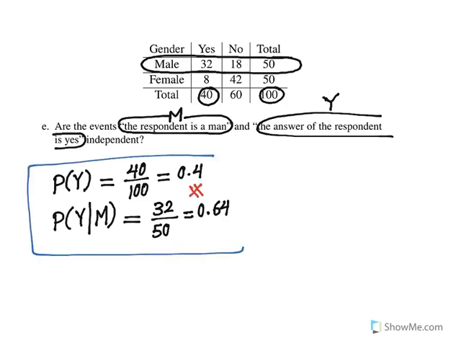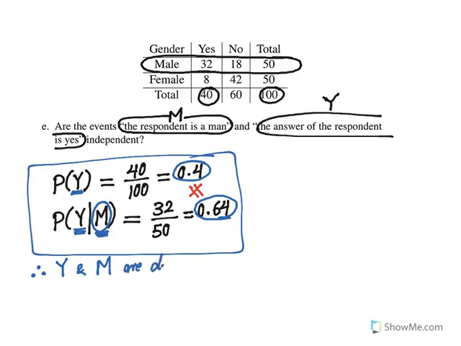Because they are not the same, it means that the fact that male is given affected the probability of saying yes. It changed it. Probability of saying yes alone was 0.4. But if you are given that it's a male, then the probability became different from 0.4, and this tells you that, therefore, saying yes and being male are not independent. So they are dependent events, because they change each other's probabilities if they're assumed.